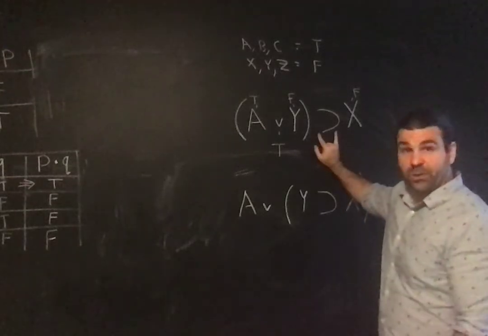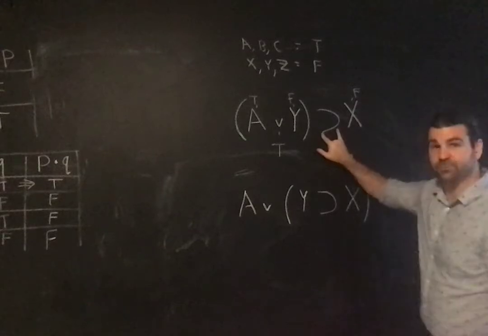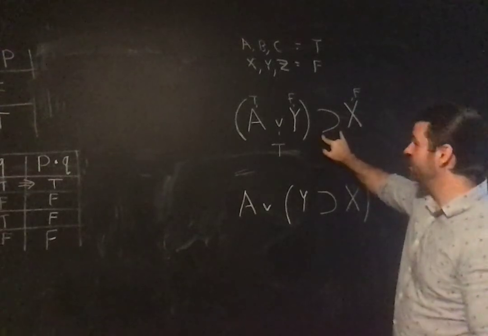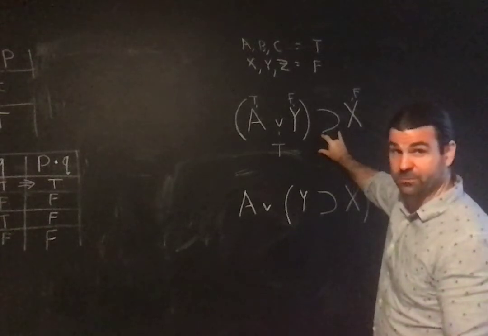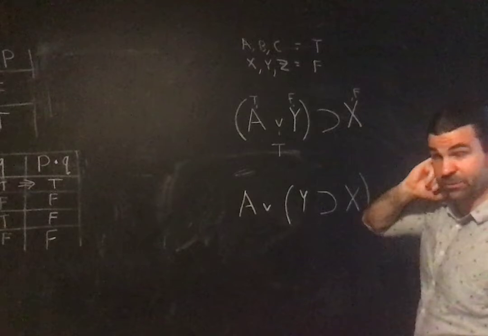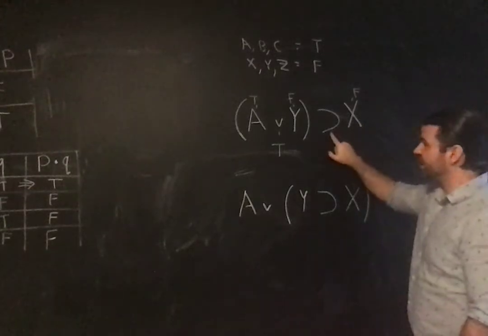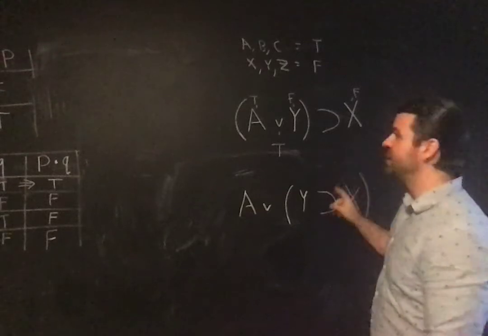Now, under what conditions is the hook true? When is it false? Under what conditions are conditionals, as these formulas are called, true? Well, it's only false when it's T hook F. So look what I'm doing.